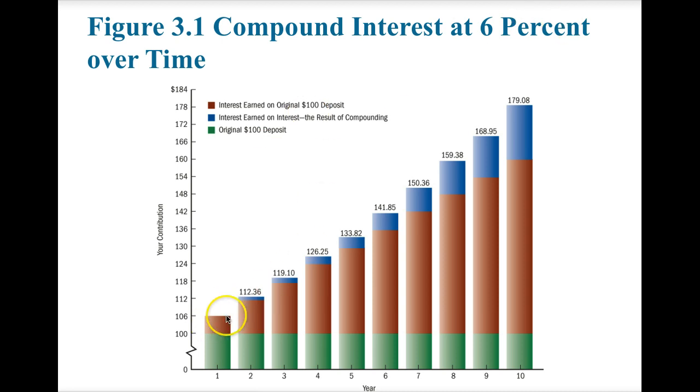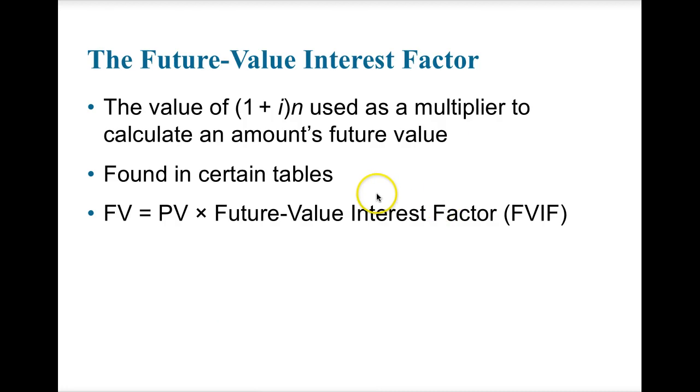So the next year, we're going to earn another $6 for the interest on the $100 plus 36 cents for the interest on the interest. As time goes by, in 10 years, you can see that the blue bar probably grows the fastest, even though the red bar is the biggest, but the percentage growth is biggest in this blue bar, the interest on the interest. And this is how the compounding works.